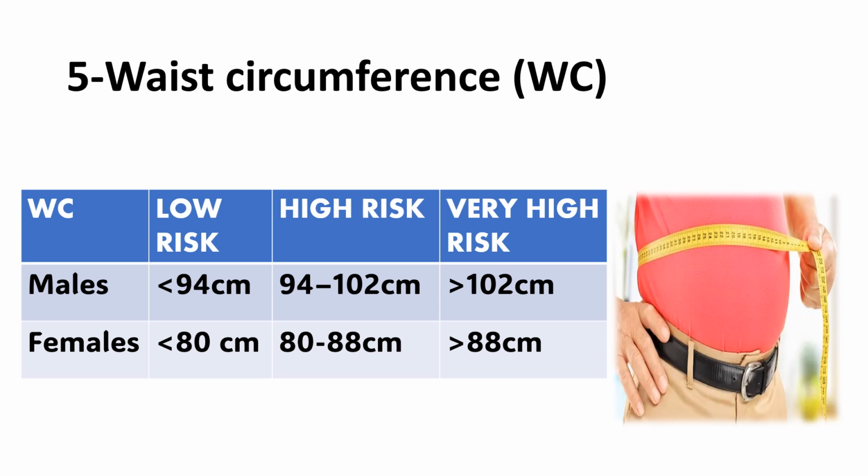However, for men, a waist circumference below 94 centimeters is low risk, 94 to 102 centimeters is high risk, and more than 102 centimeters is very high risk. For women, below 80 centimeters is low risk, 80 to 88 centimeters is high risk, and more than 88 centimeters is very high risk.